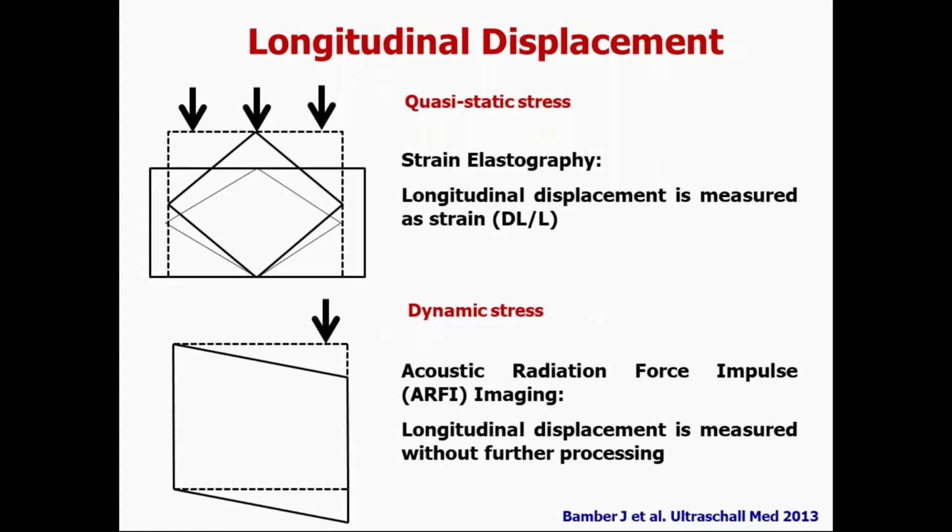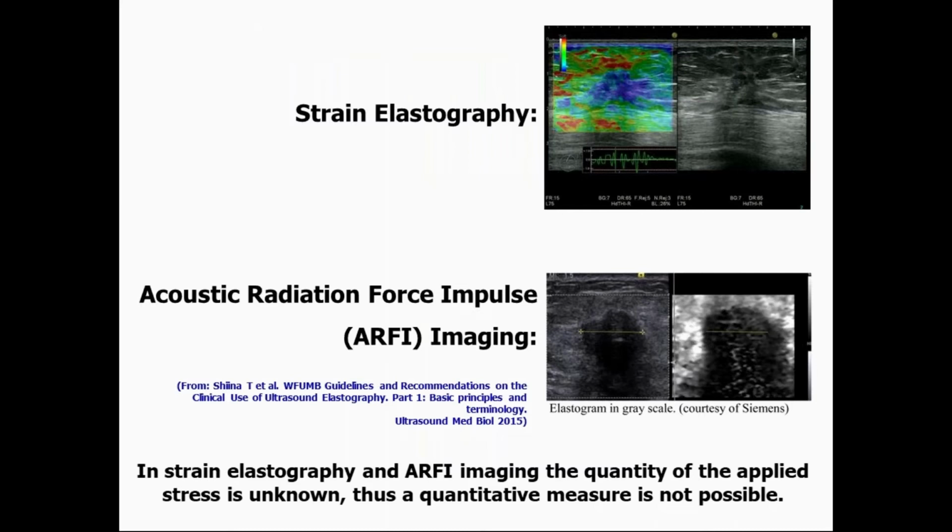So to summarize, the techniques based on the longitudinal displacement are strain elastography, in which the longitudinal displacement is measured as strain, and acoustic radiation force impulse imaging, in which the longitudinal displacement is measured without any further processing. These are the images obtained with strain elastography and acoustic radiation force impulse imaging.